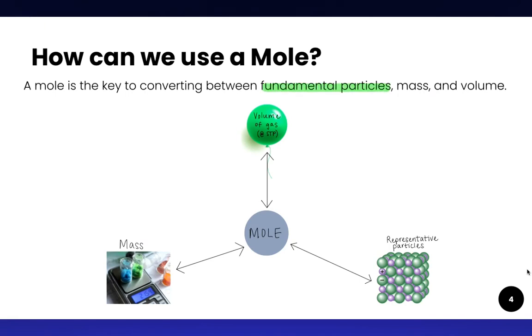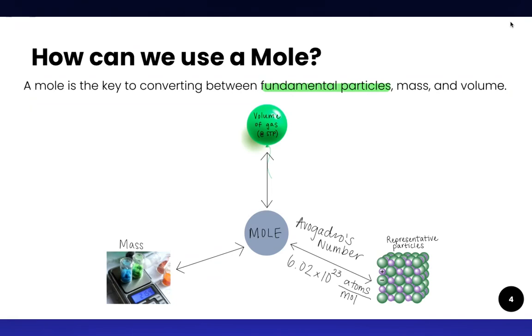Okay. When you're going from fundamental particles into moles, what you use is Avogadro's number. And the unit for this is, we'll call it atoms, could also be molecules, per mole. The symbol for mole is mol, all lowercase.